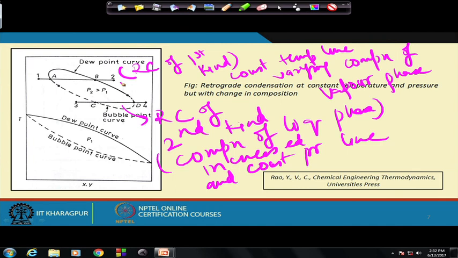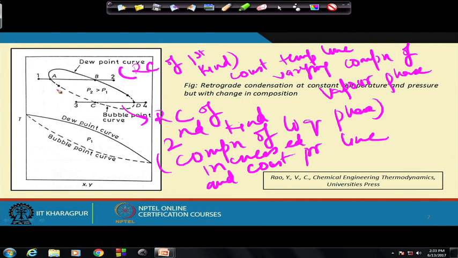So, we find that although at lower pressure conditions, say at pressure P1, it was not possible to obtain any such retrograde condensation, keeping everything constant, if we just increase the pressure, we find the two phase region has decreased. So, in this case we could demonstrate the retrograde condensation of both the first kind as well as the second kind.